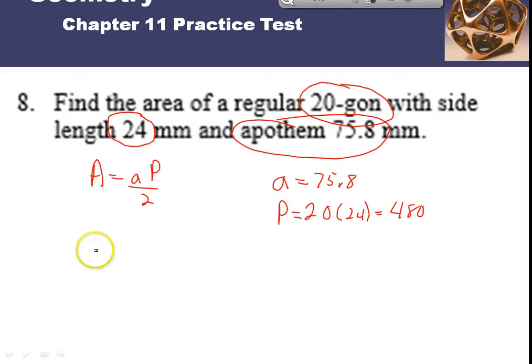Yep, 480. So the area is the apothem, which is 75.8, times the perimeter, which is 480, divided by 2. And that I cannot do in my head, so I'm going to try that out. And I get, wow, I did it wrong. Let's try that again. 75.8 times 480 divided by 2. 18,192.